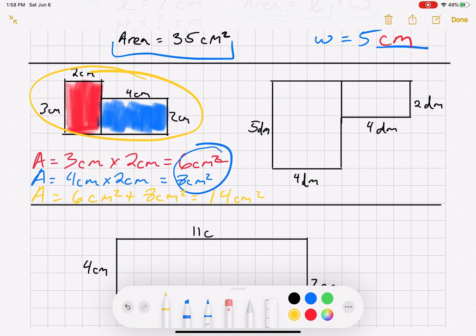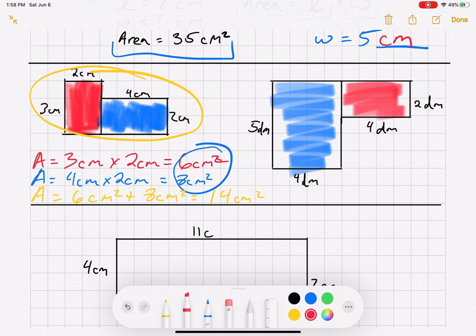So you put it all back together, right? Over here, there's my blue shape. There's my red shape.